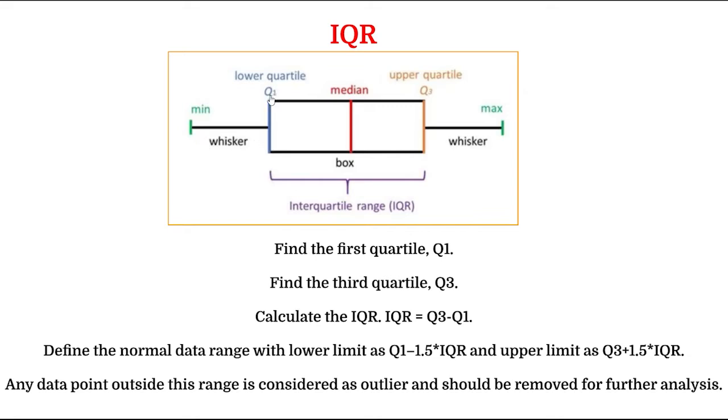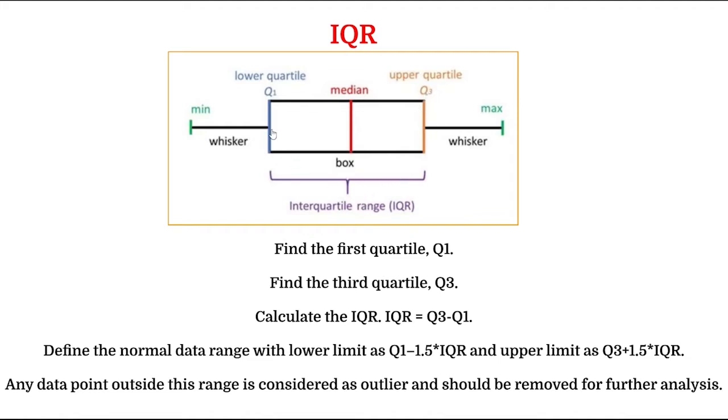quartiles, like the lower quartile, which is denoted by Q1. Here we also have the median, which is Q2, and the upper quartile, which is Q3. Q1 is also called the first quartile, the median is called the second quartile, and Q3 is called the third quartile.